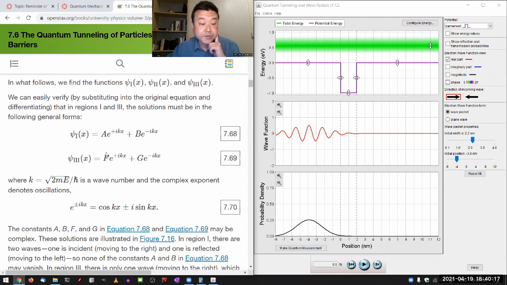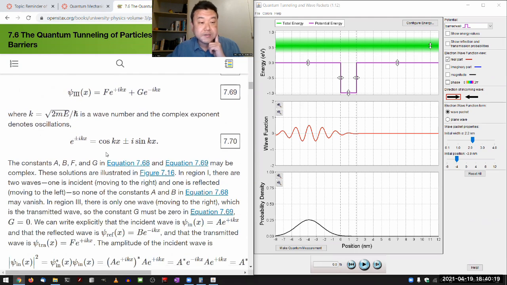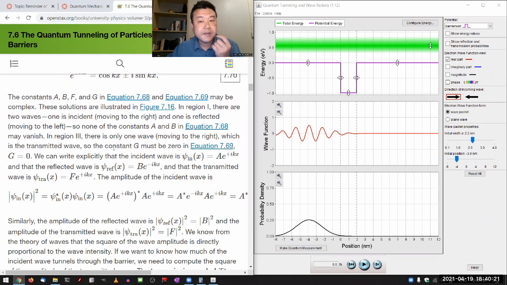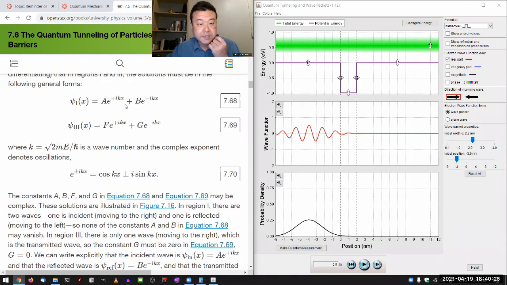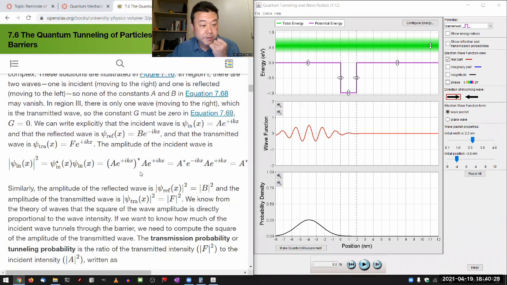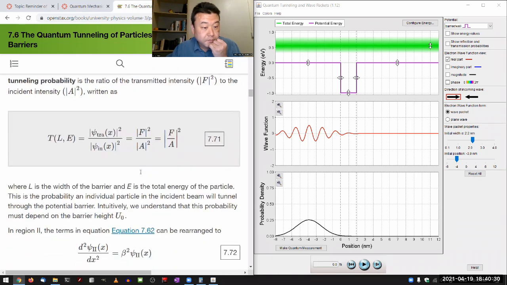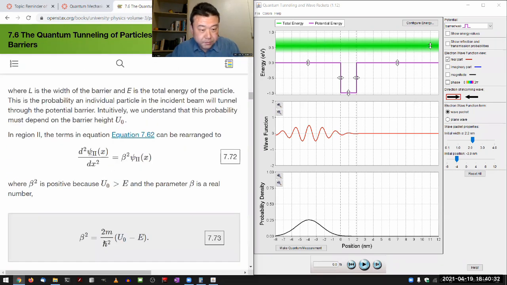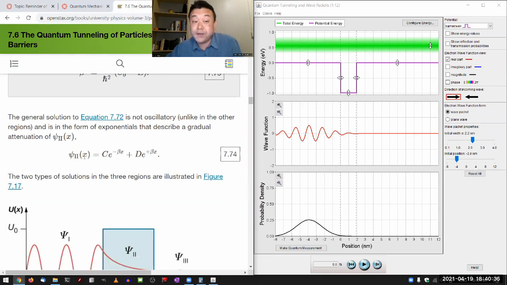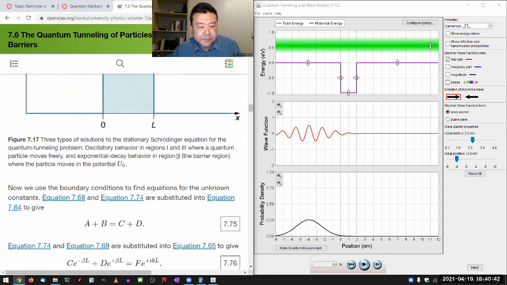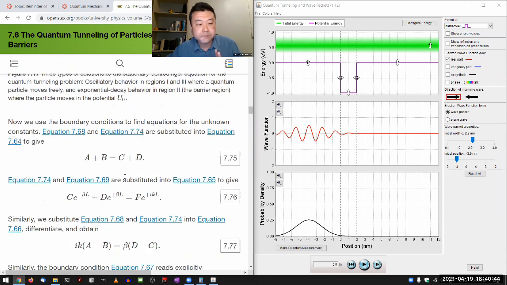When the difference between the potential and energy is negative, the solution that fits in this region is not the oscillating sinusoidal solution, but, as you'll derive, in region 2 it's going to be a real exponential solution. So you can't just apply it, because that's an actual big thing that you have to make a decision on.